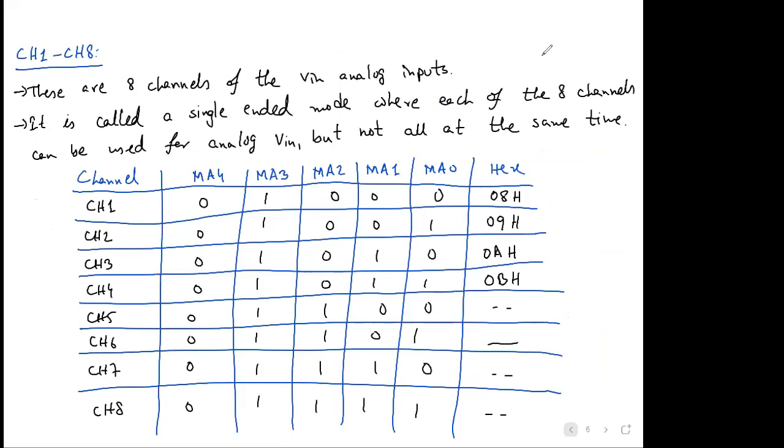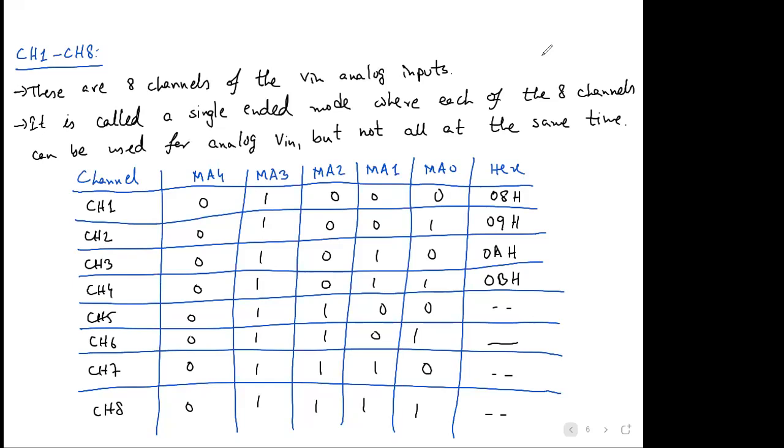Is it okay? Okay, sir. Then it will be either MA4 or MA3 or MA2. No. It will be then either channel 1 or channel 2 or channel 3, like this. These are 8 input channels. You are taking inputs from these 8 channels. So you can use any one channel at a specific period of time. Say in channel 1, you have connected a temperature sensor.